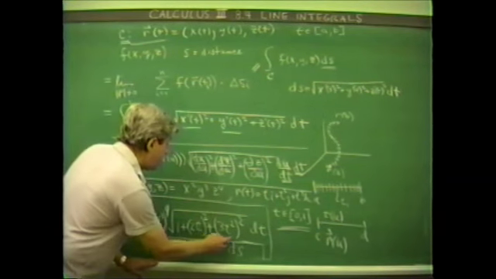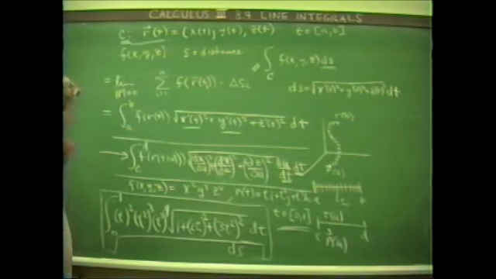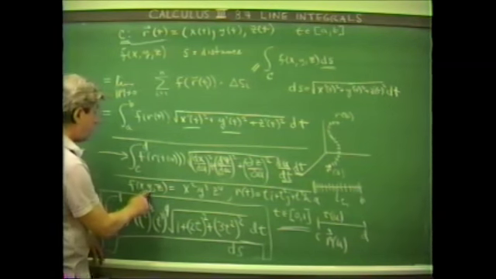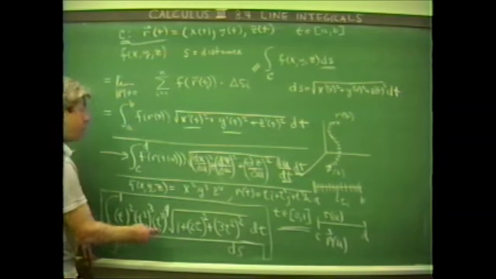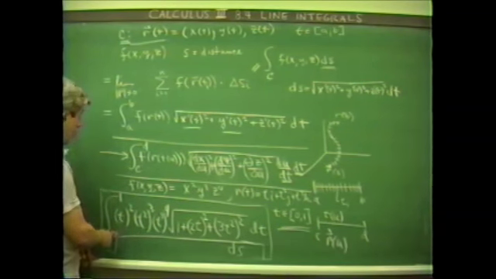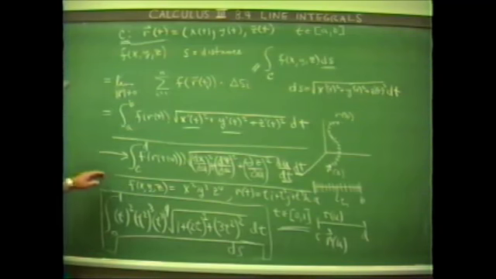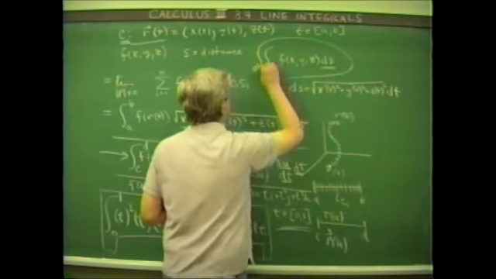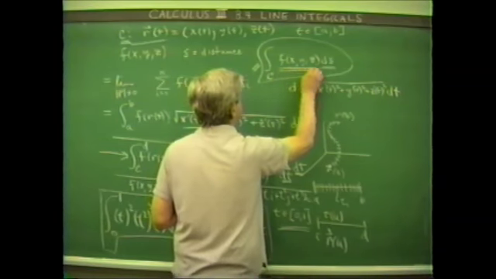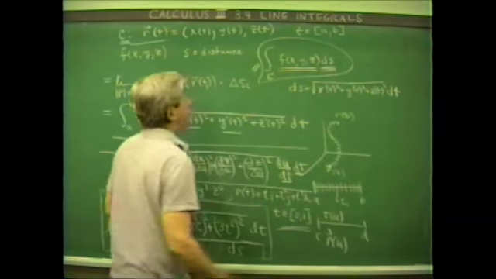You square each one of them and add them together. And then you take f at x of t, y of t, z of t, and put it up front here and integrate from a to b if the parameterization is from a to b. So here's how to compute one of these integrals of f of x, y, and z with respect to length.